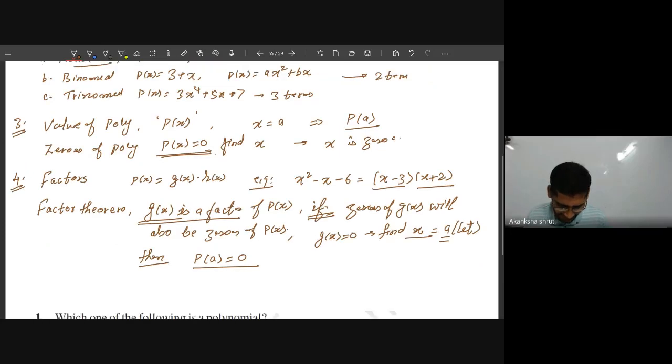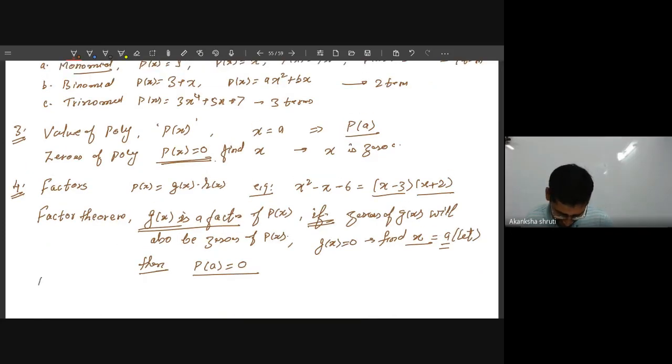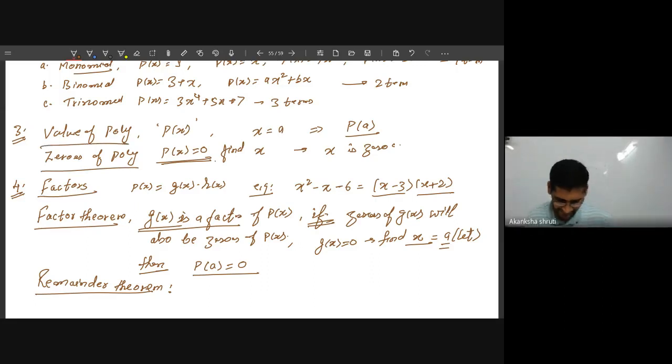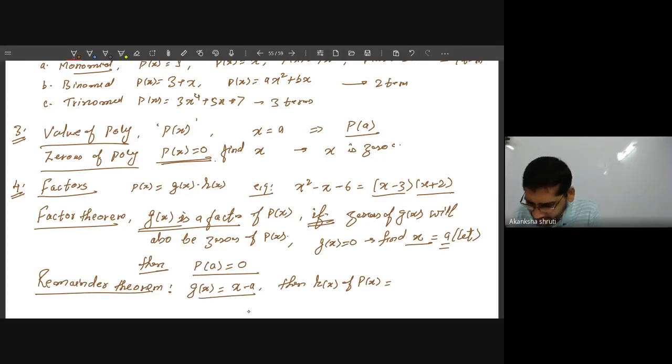The other one was the remainder theorem. Regarding this remainder theorem, if g(x) is a linear polynomial, say x minus a, then the remainder of polynomial p(x) is obtained by substituting the zero of g(x).